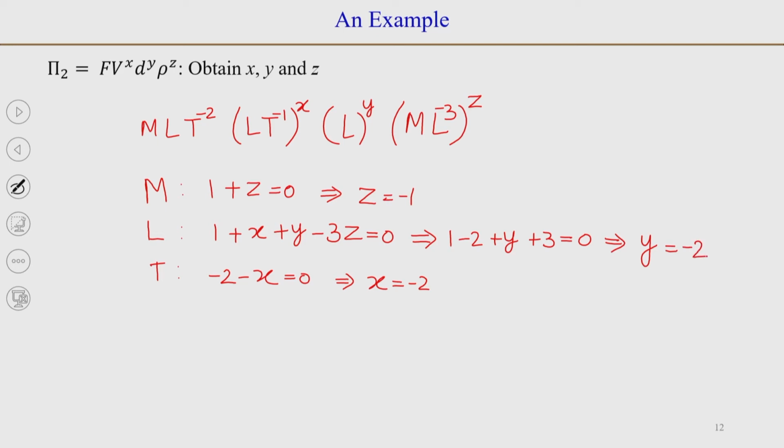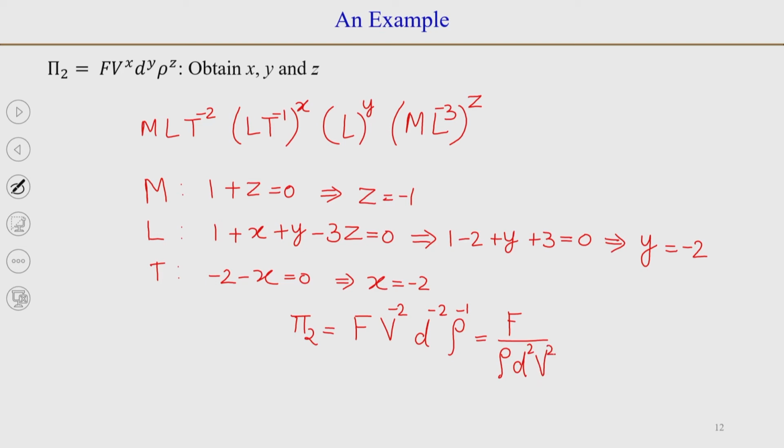So, that means our second dimensionless group is pi 2 is equal to F v raised to the power minus 2, d raised to the power minus 2 and rho raised to the power minus 1, or if we write this as a fraction, F over rho d square v square.